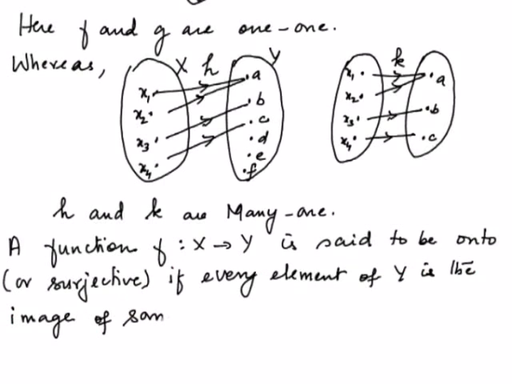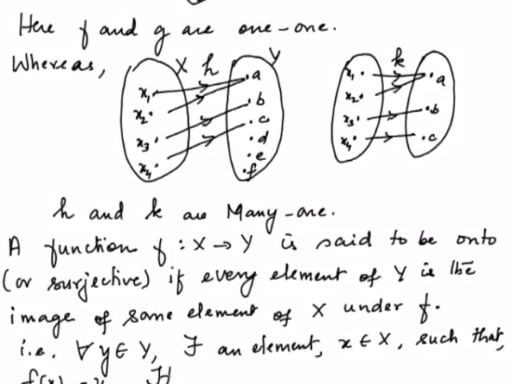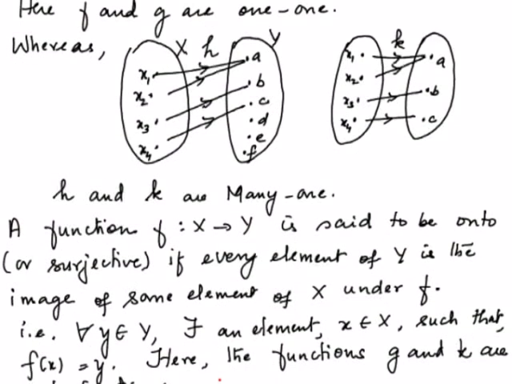That is, for every y belonging to Y, there exists an element small x belonging to X such that f of x is equal to y. Thus, I repeat it, the functions g and k are onto functions.